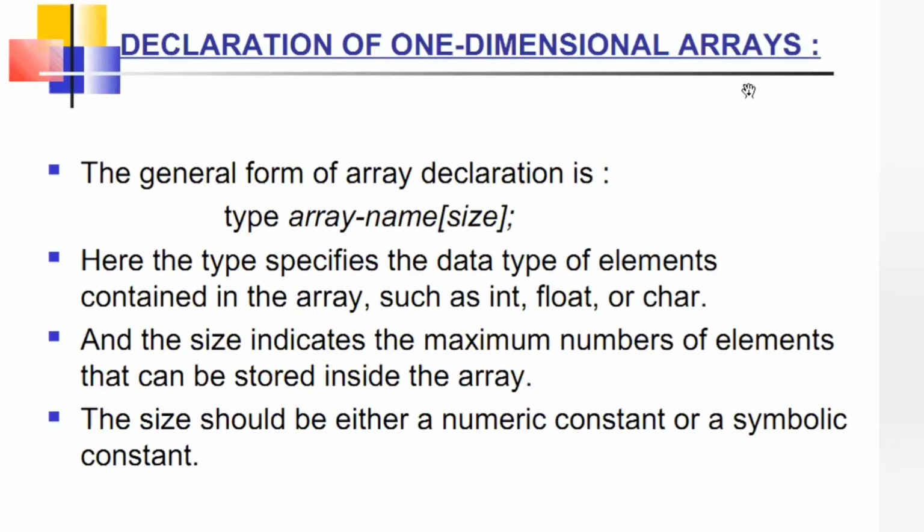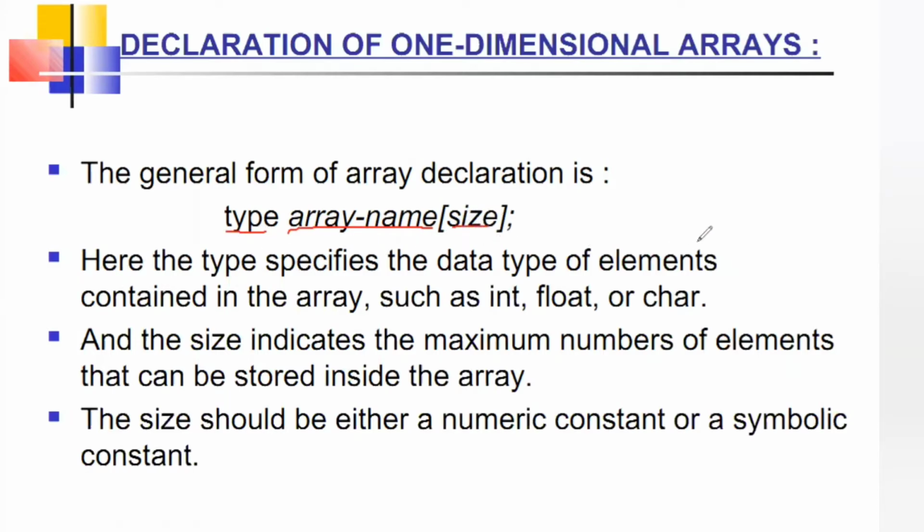Declaration of one-dimensional array. The general form of array declaration is: type, array name, size. The array name or variable name follows the same rules as any variable name.